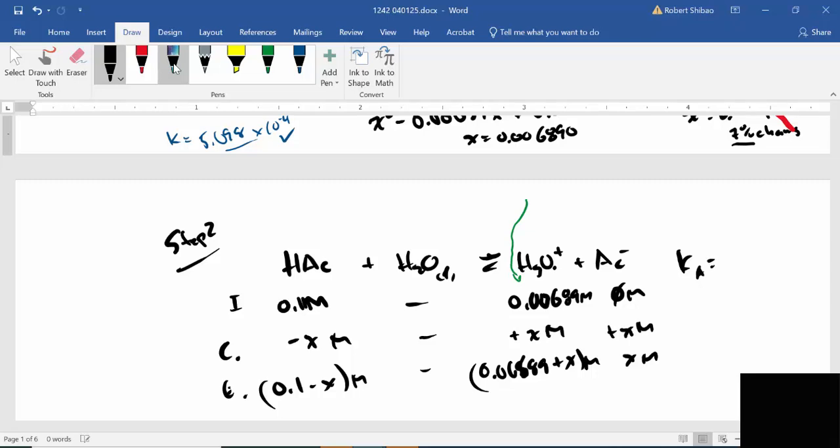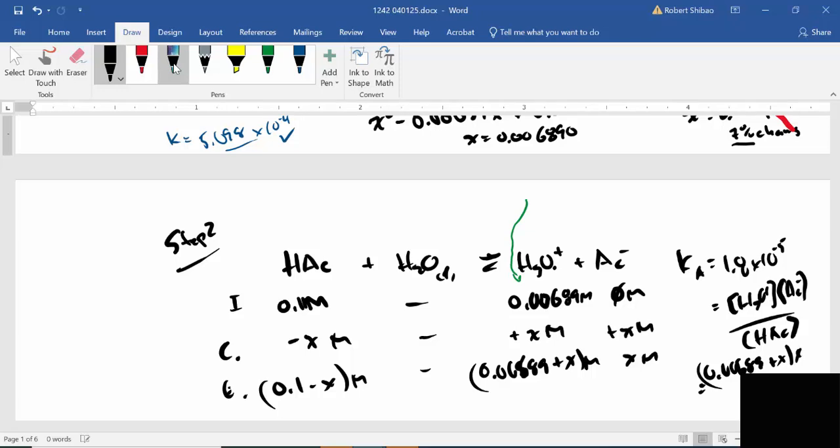So the Ka, which is 1.8 times 10 to the minus 5, is going to equal the hydronium times the acetate divided by the acetic acid molecule concentration, which is going to be 0.00689 plus x times x divided by 0.1 minus x.